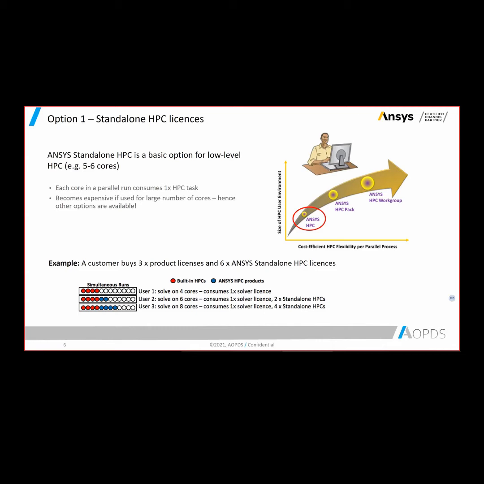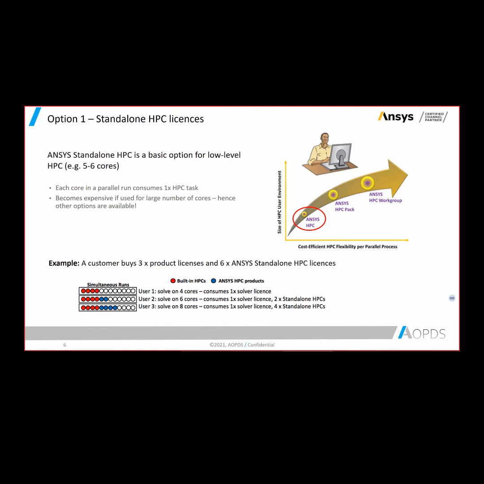For example, if you buy 3 product licenses and 6 standalone HPC licenses, and let's say there are 3 users, if the first user solves on 4 cores, he or she only uses 1 solver license because the default number of cores is 4, meaning that you can use up to 4 cores without consuming your HPC license.